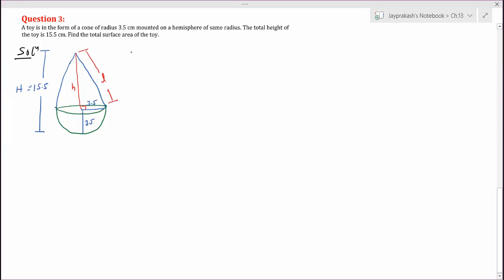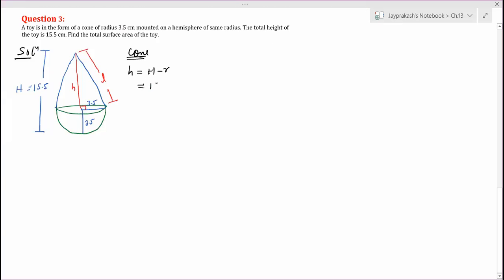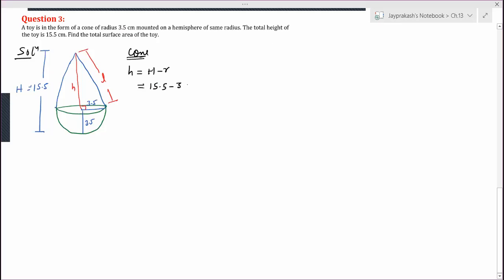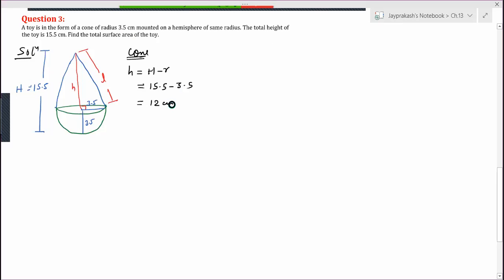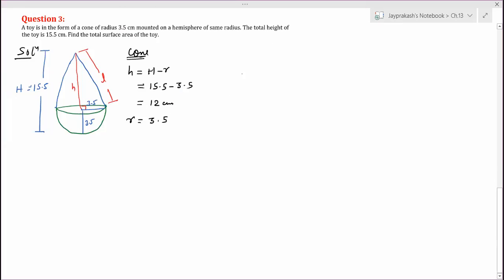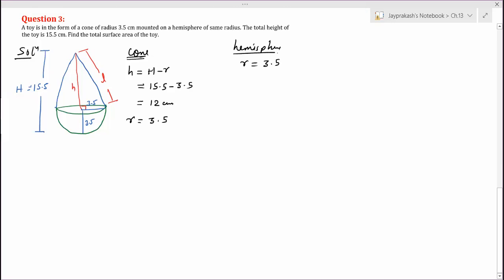So now we will write, first the cone. The height of the cone is capital H minus the radius of the base, and the radius is 3.5. And for the hemisphere, the radius is 3.5. We have to find the total surface area. When we talk about the surface area of the cone, we need the slant height.